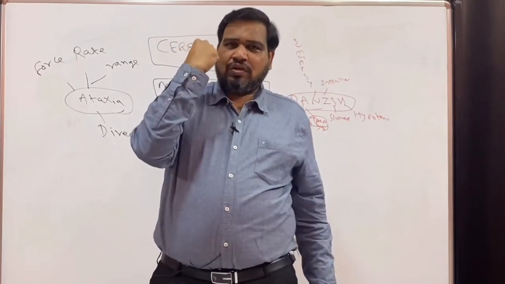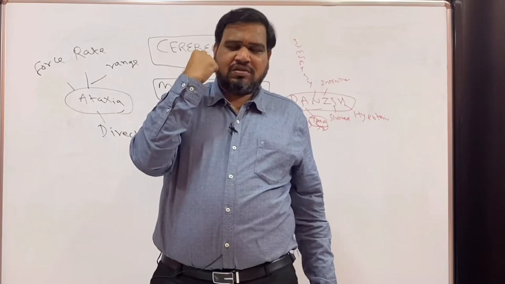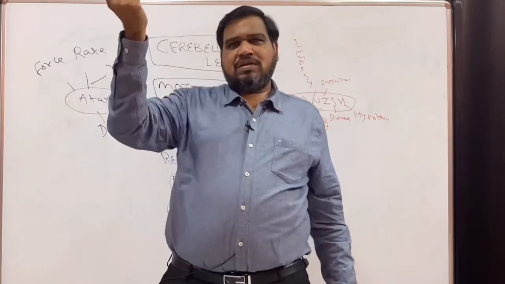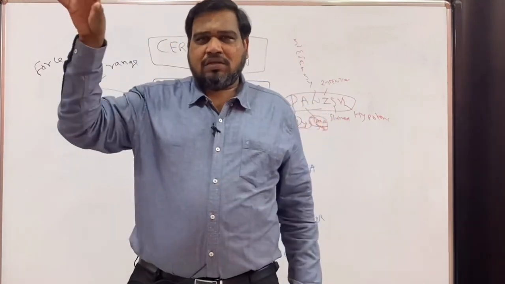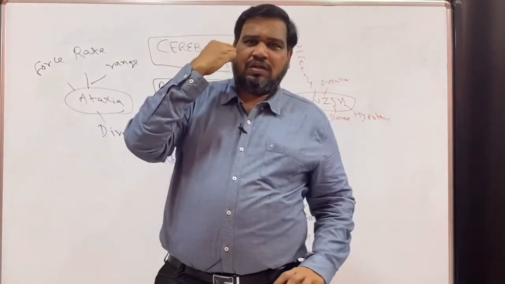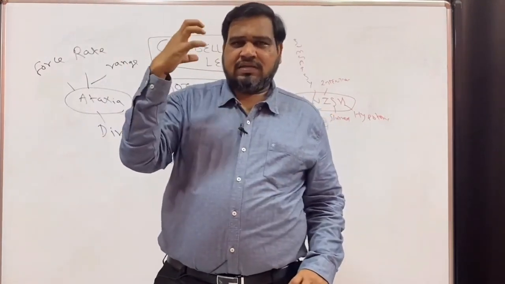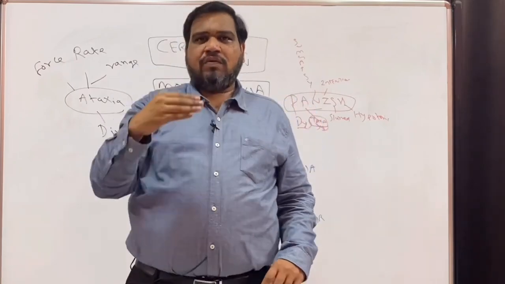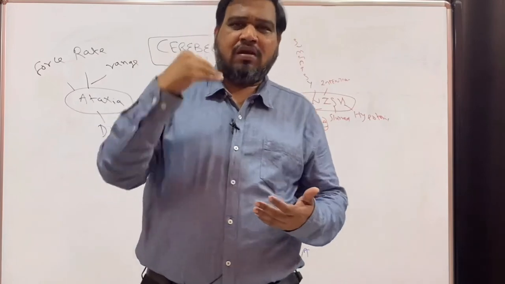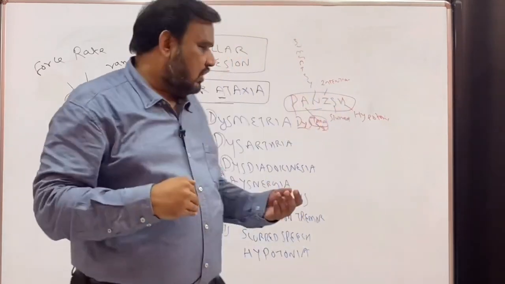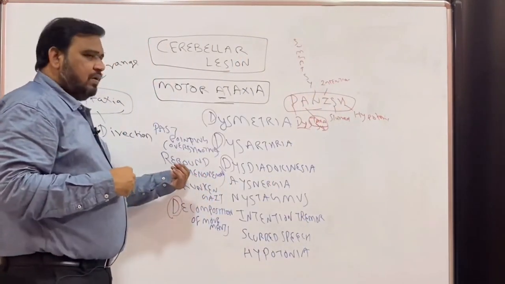When my hand goes to hit my face, it does not hit the face because the cerebellum sends information to the cerebral cortex about the future: his hand is going to hit the face, take action. So there is a sudden brake. Note that word. The cerebellum also helps the cerebral cortex to put a sudden brake on the movements. Very, very important. So that's where the rebound phenomenon occurs.